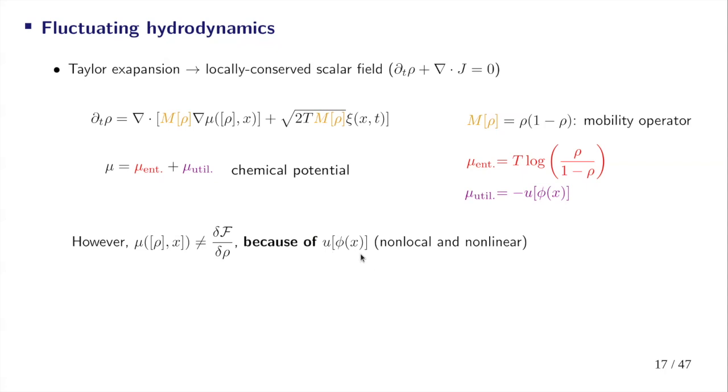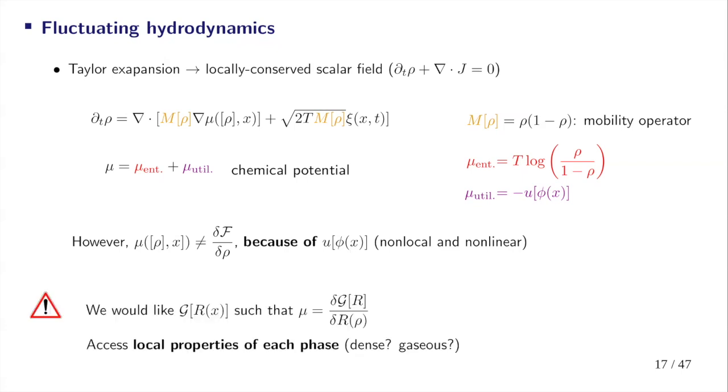If you were to have a linear interaction, you would recover somehow a pairwise interaction between your agents, and that you can map onto an equilibrium system. And if the density was computed in a purely local manner, you would recover an equilibrium system.